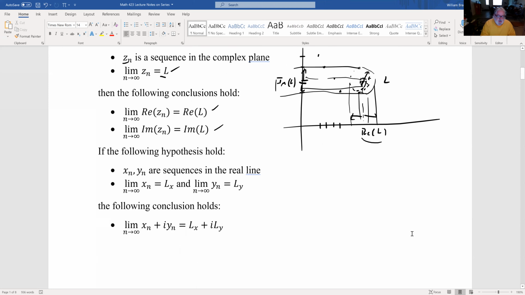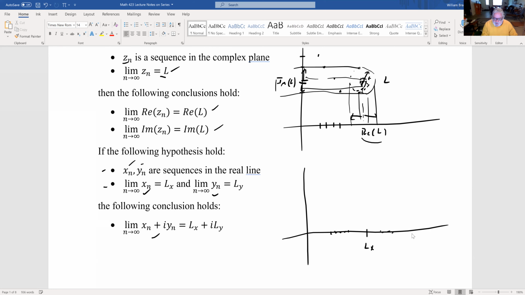On the other hand, this is a little bit trickier. If I have two sequences in the real line, x's and y's, and the x's converge to something and the y's converge to something, then the complex sequence xn plus i yn converges to something. Here we've got a limit L sub x, and we have lots of x's on our x-axis, and they converge to L sub x.